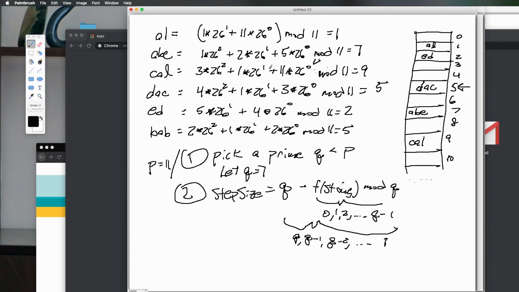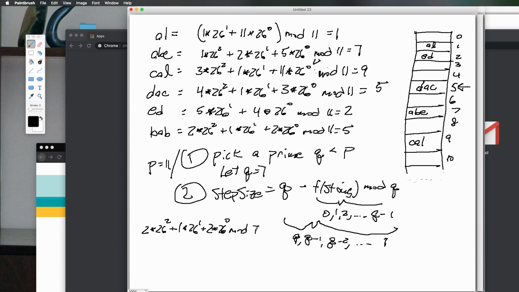So over here, I come over here and I calculate Bab again, but now what I'm going to do is calculate 2 times 26 squared plus 1 times 26 to the first plus 2 times 26 to the 0. But now I'm going to calculate that mod 7.